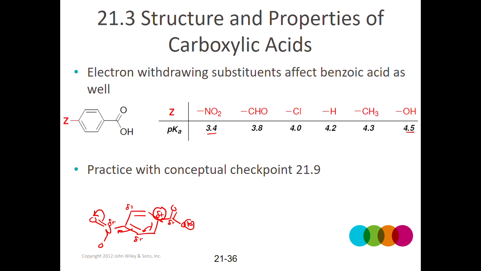And that helps to stabilize the negative that forms if it reacts as an acid. So it'll more readily react as an acid and have a lower pKa if the negative that results in the conjugate base is somewhat stabilized by an attraction to a positive that forms due to the presence of that electron withdrawing group. So the less effective the group is at withdrawing electrons, the less it can stabilize the negative. And in fact, if I have an OH, which is the opposite, I can draw that one as well.